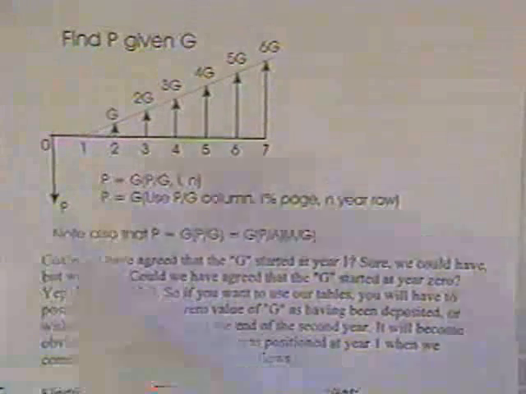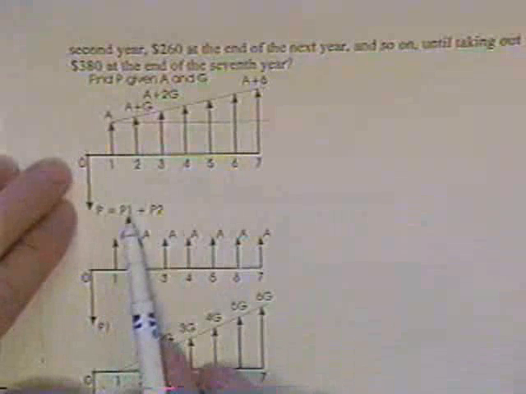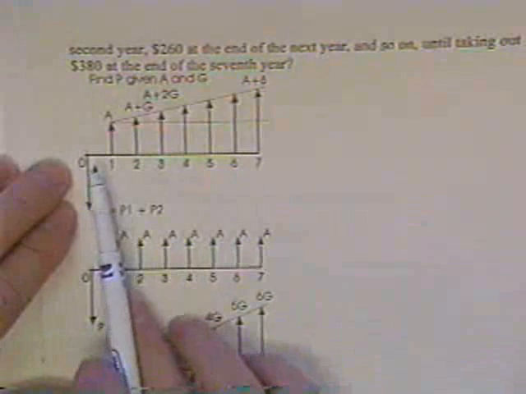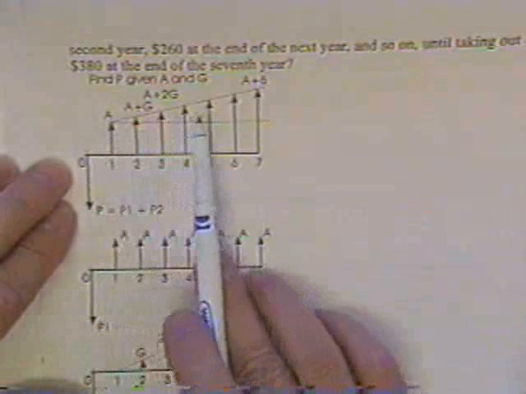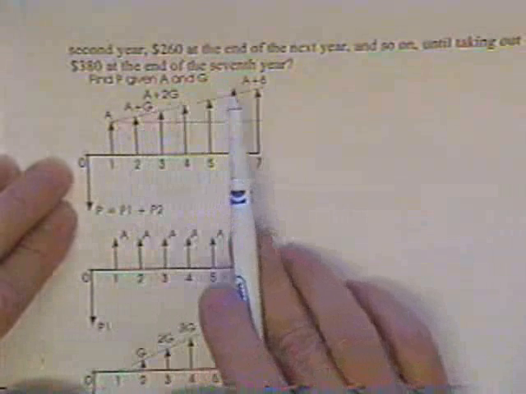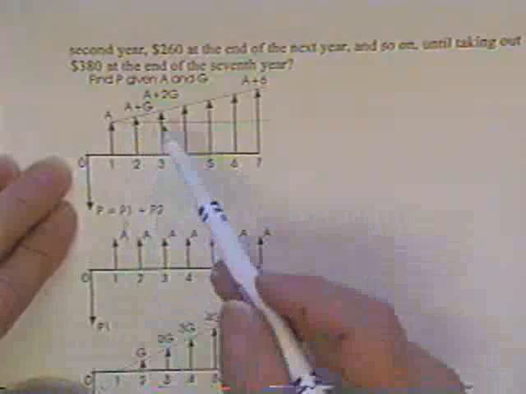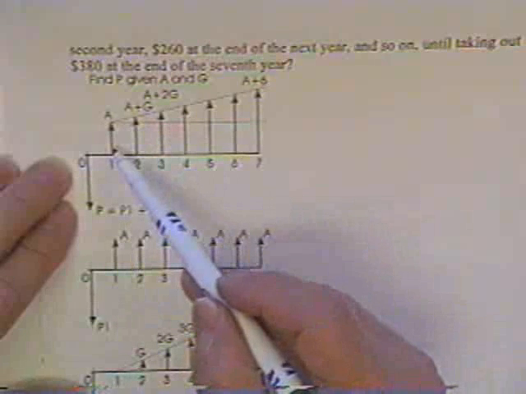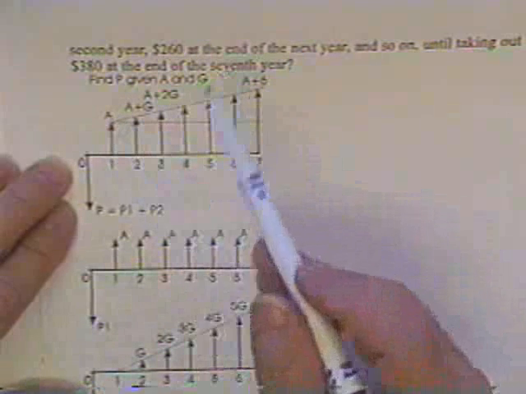The reason is many times you will have present value now, and you want to take out money at a constant annual rate, and on top of that you want a gradient. Well, if you put the first non-zero gradient back here at the first position, then you get A plus G here. It's a little confusing.